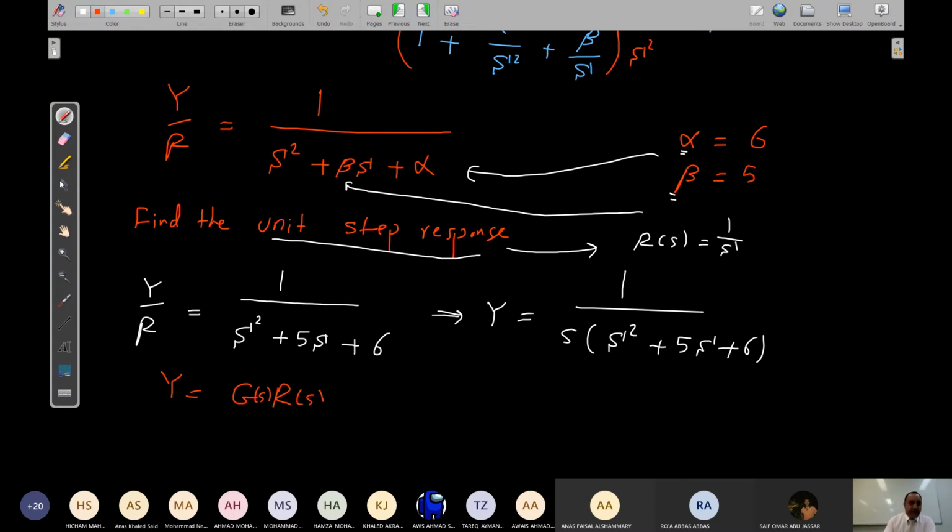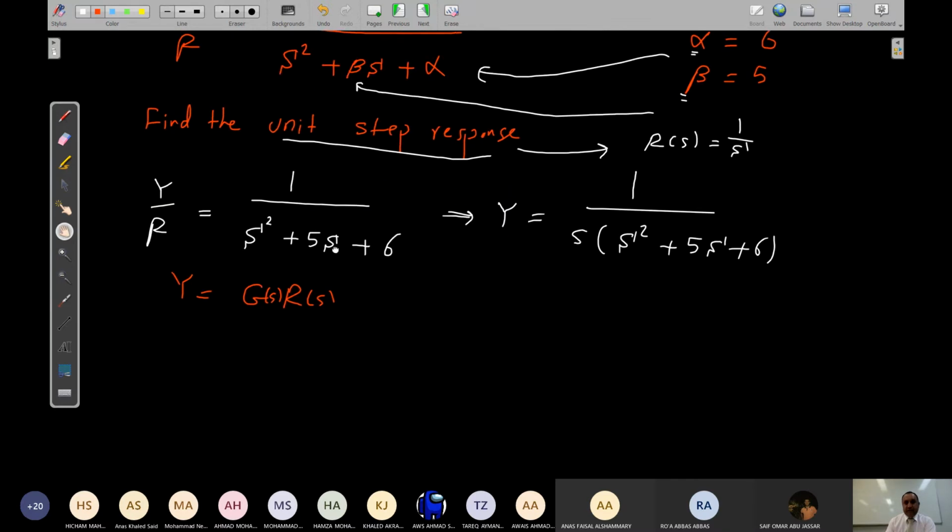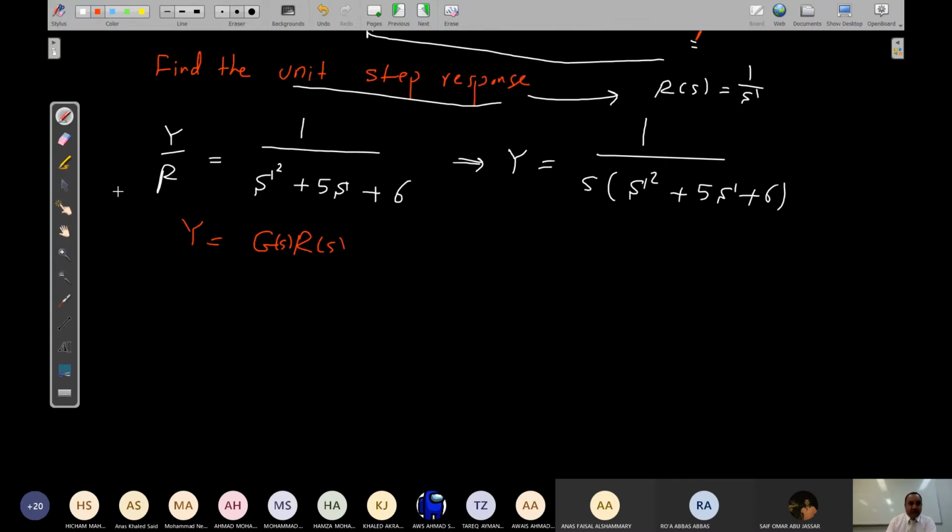Now, I need to find the Laplace inverse for this one, correct? So I need to find y of t, which is the Laplace inverse of Y of s. And how can I do that?